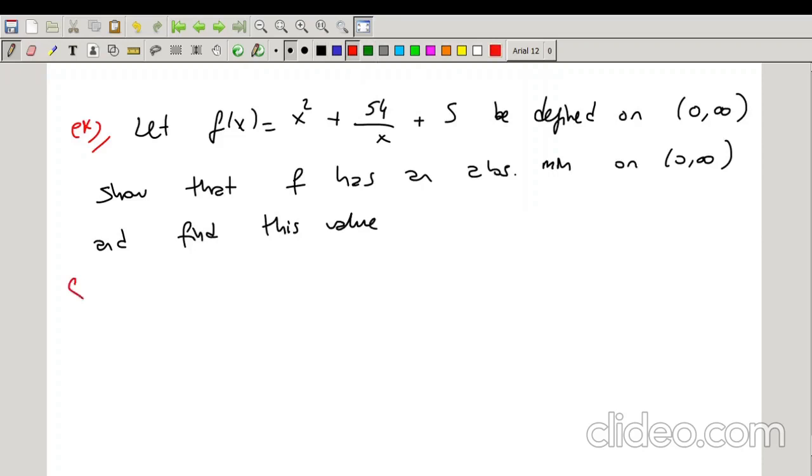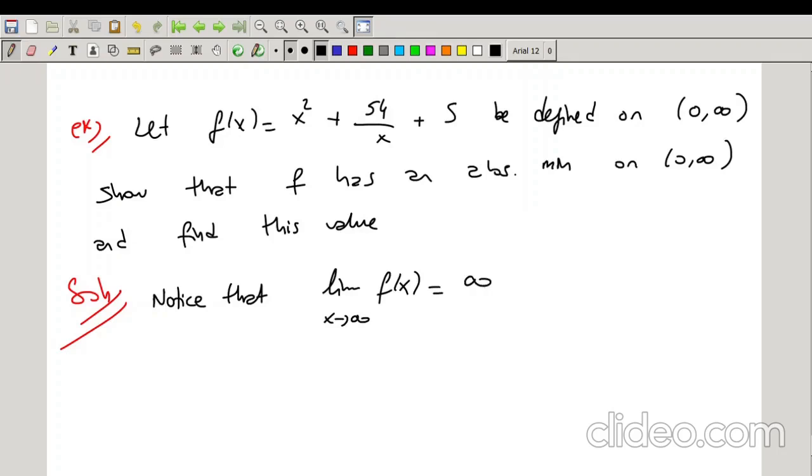Okay, we must check, so remember the theorem, so we must check, notice that the limit as x goes to infinity of f of x: when you have infinity, the first term will approach infinity, the second one is 0, the third one is a constant, so we have infinity.